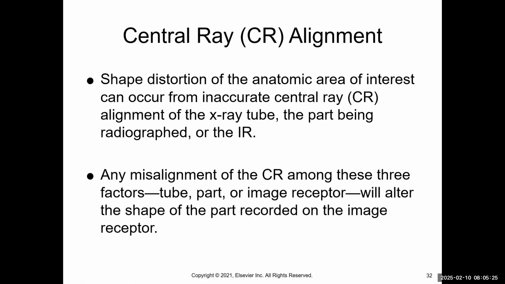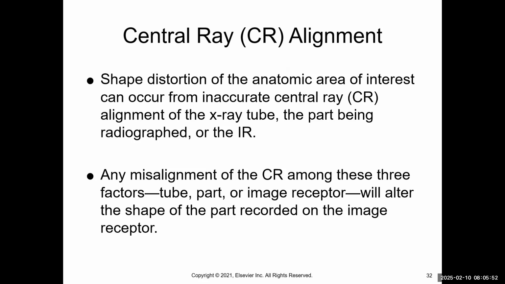Central ray alignment: shape distortion of the anatomic area of interest can occur from inaccurate central ray alignment of the X-ray tube, the part being radiographed, or the IR. So there is an ideal relationship generally between those three things, where the central ray is perpendicular to the part and to the IR, and the part is parallel to the IR.